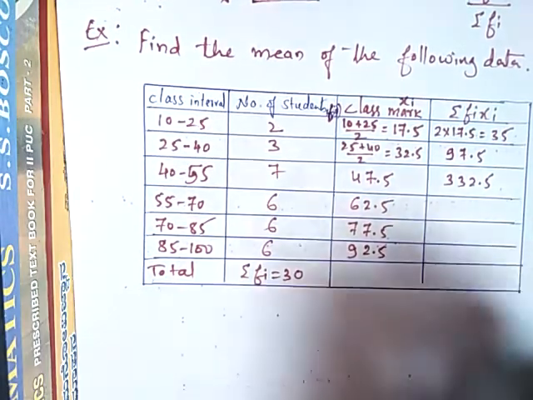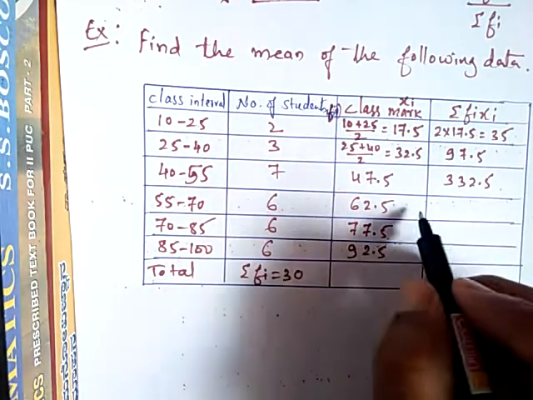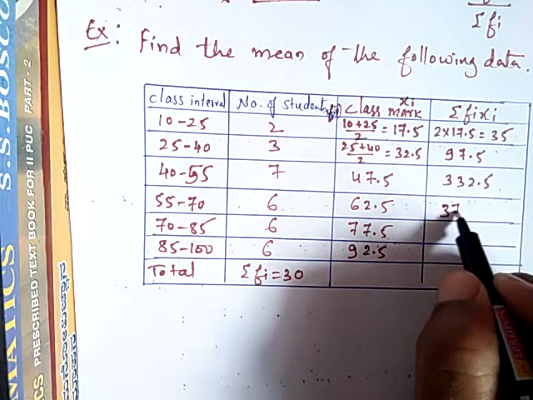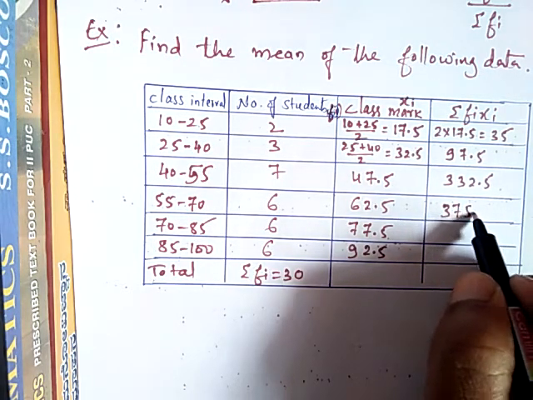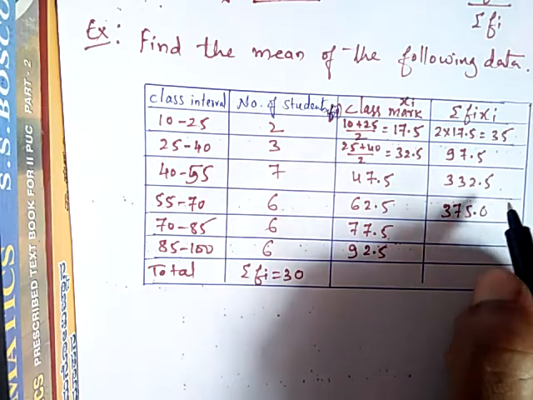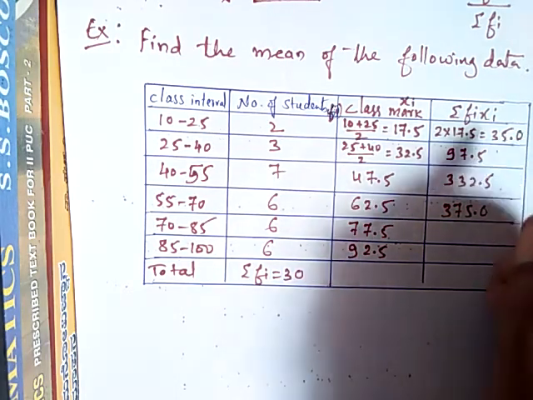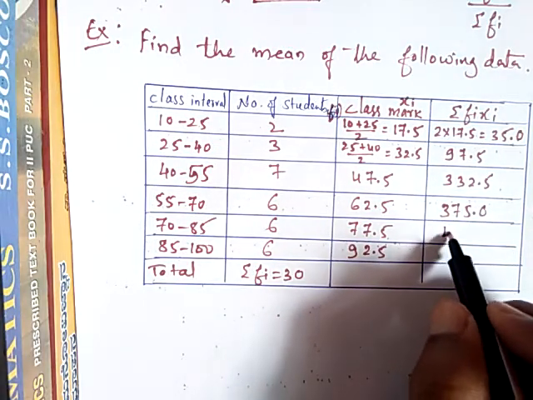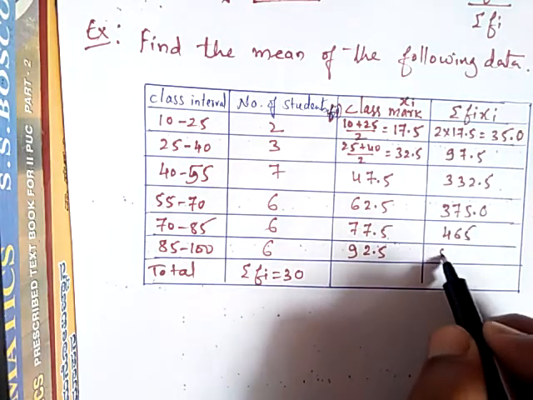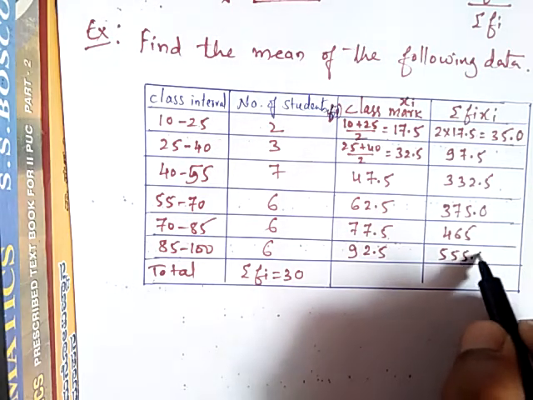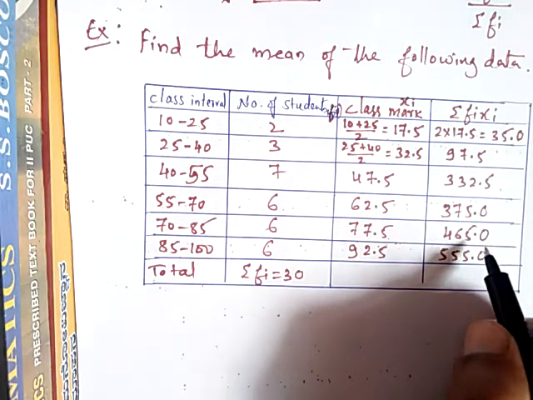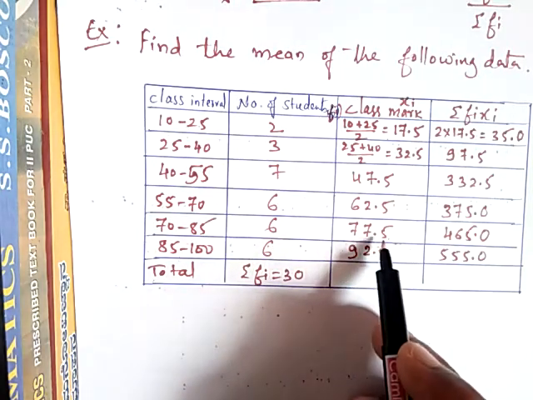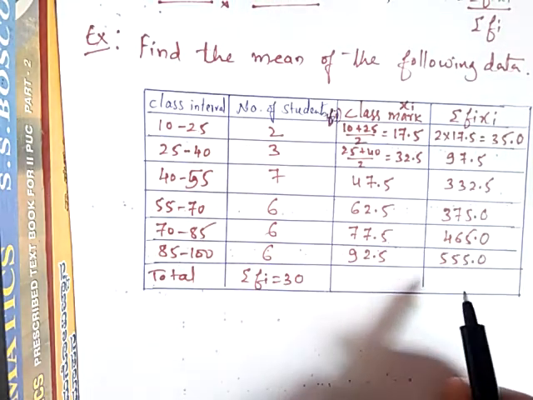Next, 6 into 62.5 is 375. The next one will be 465, and the next one will be 555. Here 6 into 77.5 gives 465, and you get the rest similarly.